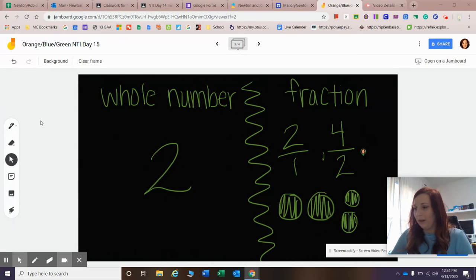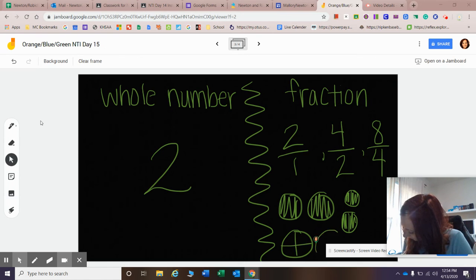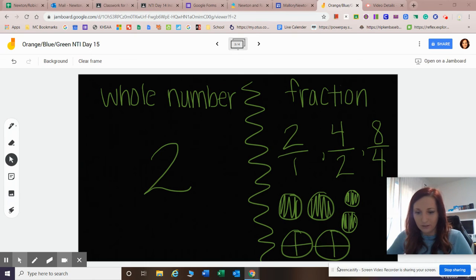One more example of a fraction that's equivalent to the whole number of 2. What about 8/4? Okay, I'm going to slice this into fourths, and I get 8 pieces. Let me move this so you can see better. 1, 2, 3, 4, 5, 6, 7, 8.